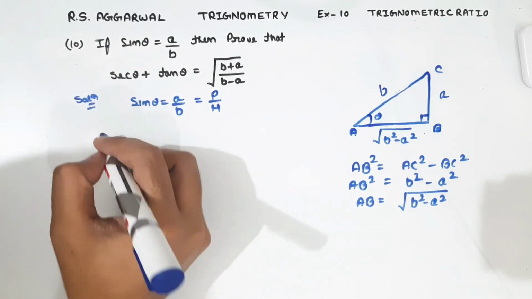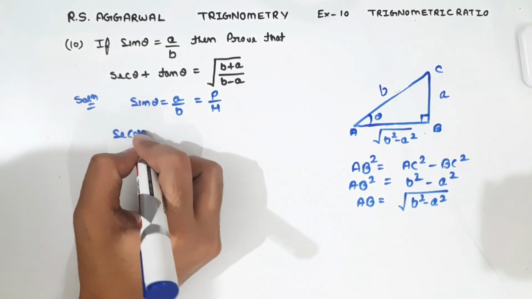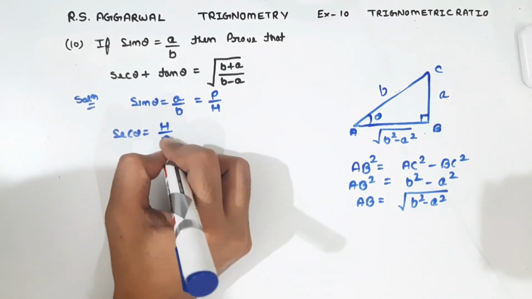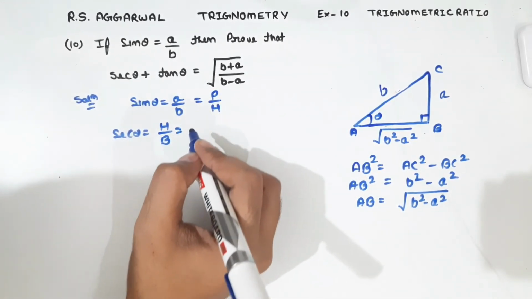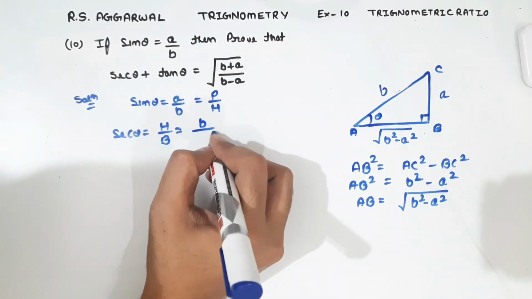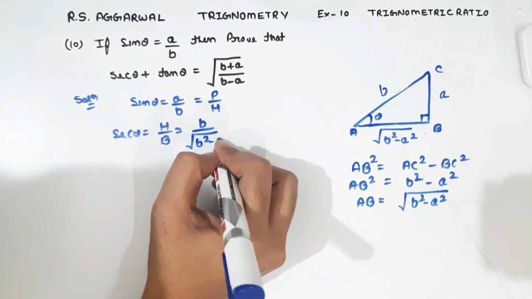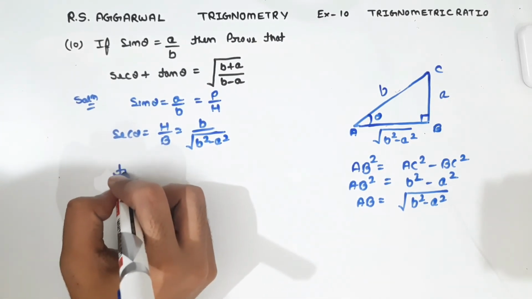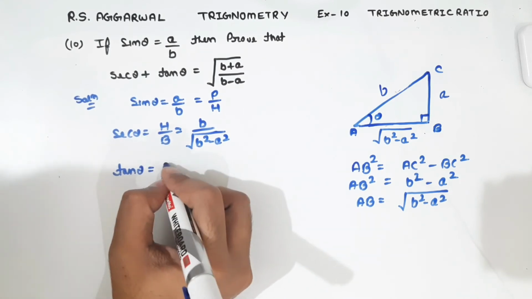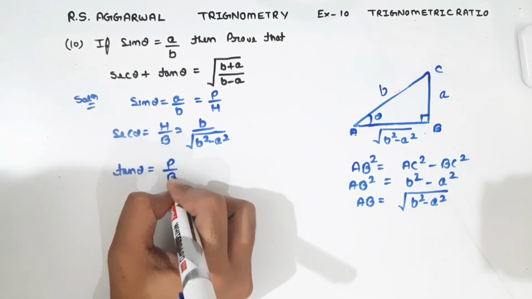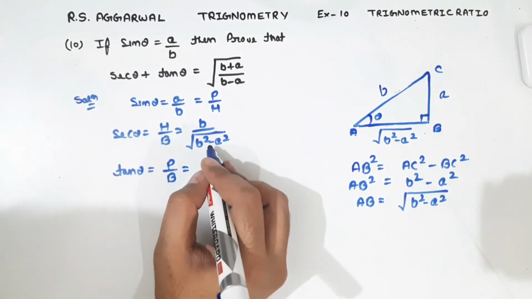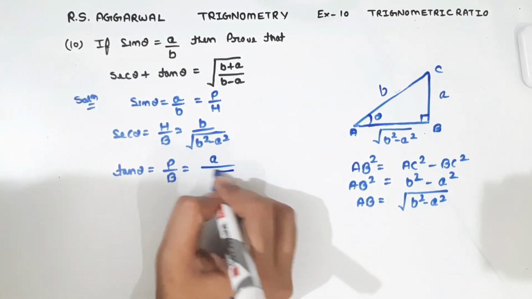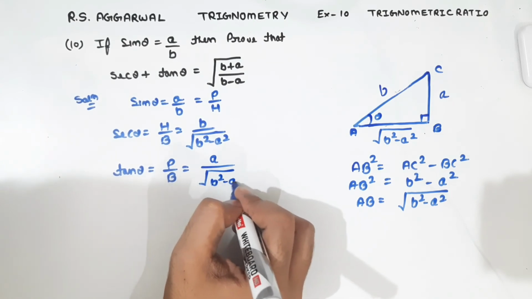Now sec theta will be given by hypotenuse upon base. So that will be equals to B upon under root B square minus A square. Then tan theta is given by perpendicular upon base. So that will be equals to A upon under root B square minus A square.